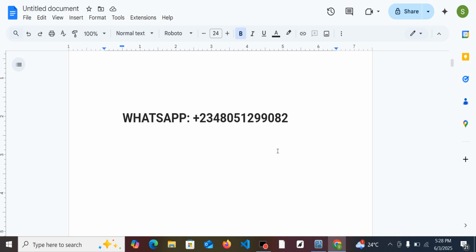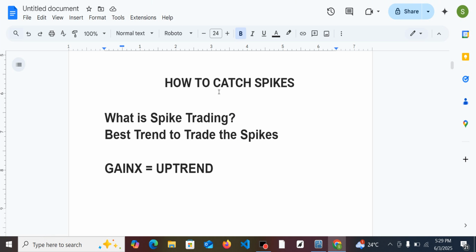So in my last video on how you can trade the spikes, I remember giving you a full explanation of what spikes trading looks like, and why you should learn to trade the spikes instead of trying to catch the spike. Because if you are trying to catch the spike, you can only catch a few spikes whenever it is happening, and sometimes you even get it wrong if you are doing that in the wrong trend.